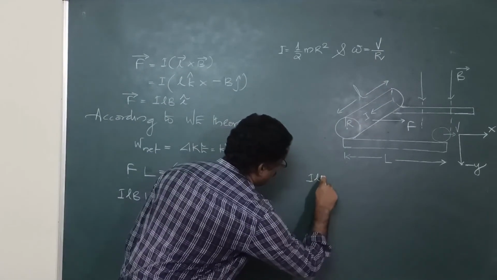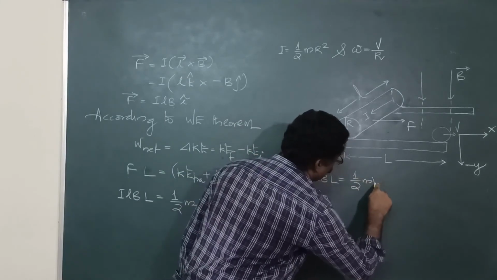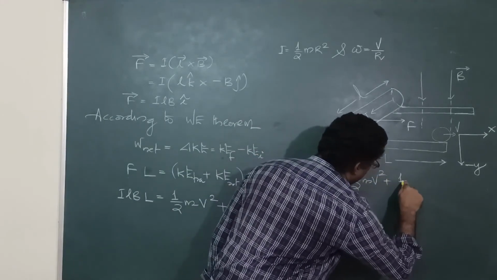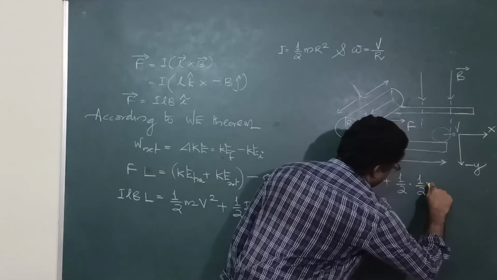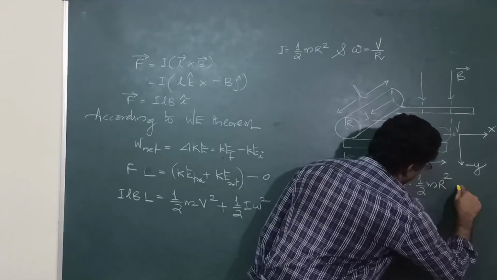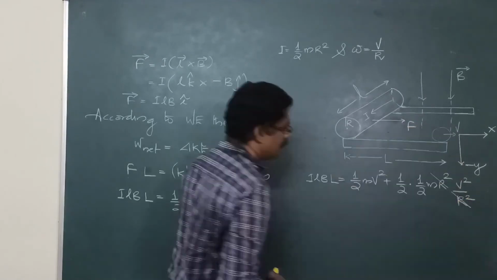So you substitute: ILB into L is equal to half mv square plus half into I, which is half mr square, into omega square, meaning v by r whole square. So r square cancels, leaving v square.